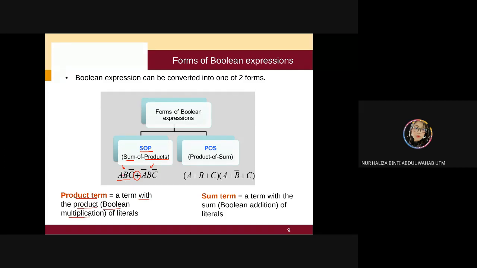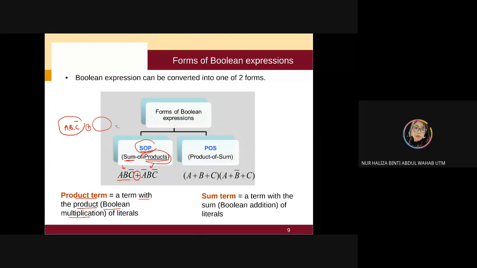You can see here A, B, C bar. You have multiplication and several variables inside, called a product term. Then you have another product, so you sum it all. It's called sum of products, or SOP.